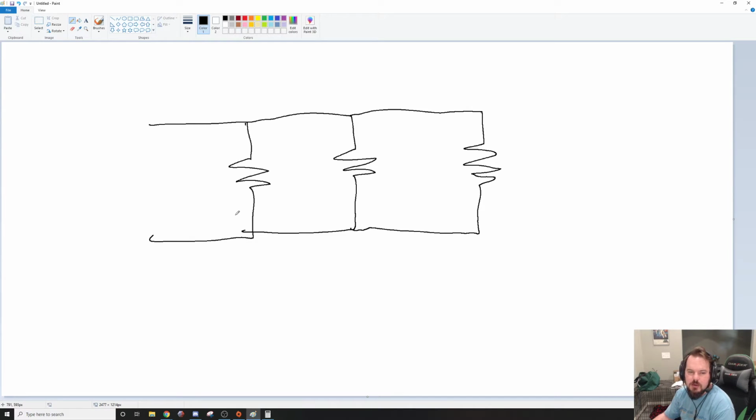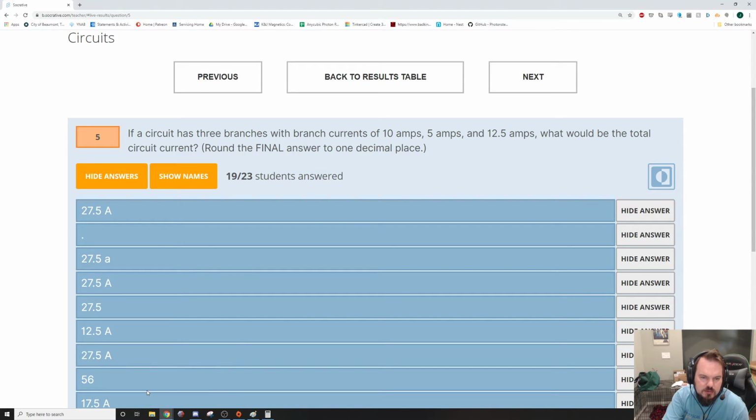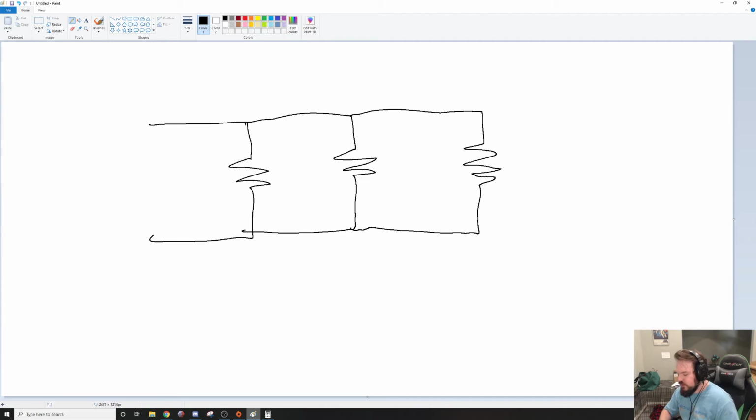Live and learn. 10 amps, 5 amps, and 12.5 amps.